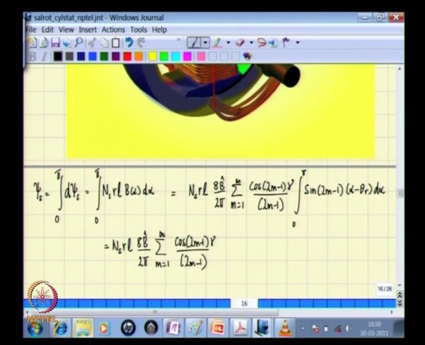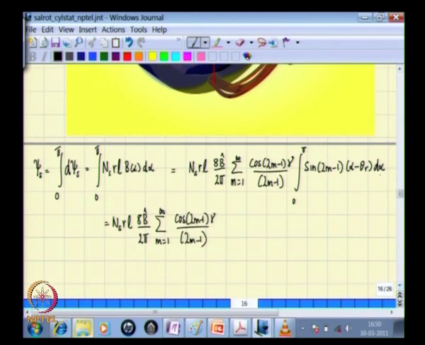Remember the integration is with respect to alpha, and hence theta r can be considered fixed. Therefore, the integral of sine of 2m minus 1 is minus of this multiplied by cos of 2m minus 1 into alpha minus theta r, going from 0 to pi.